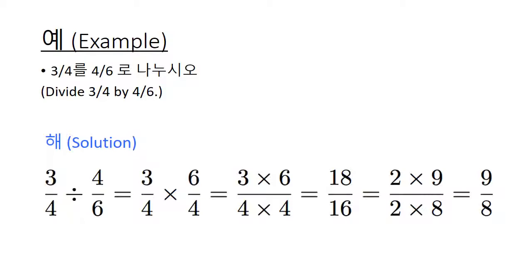This gets us 3 over 4 times 6 over 4, and 3 over 4 times 6 over 4 equals 18 over 16. We can factor out the common factors from the numerator and denominator, so 2 times 9 over 2 times 8, cancel the 2's, and get our final answer in its simplest form to be 9 over 8. So 9 over 8 is the quotient of 3 over 4 divided by 4 over 6.